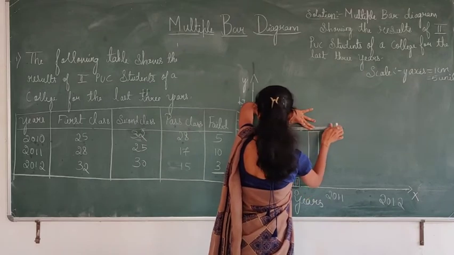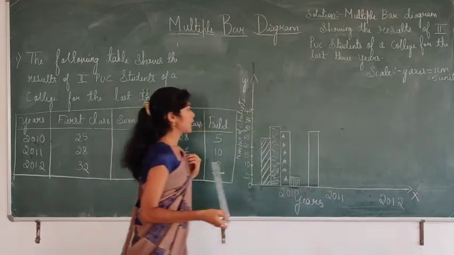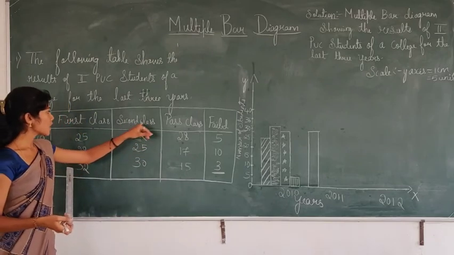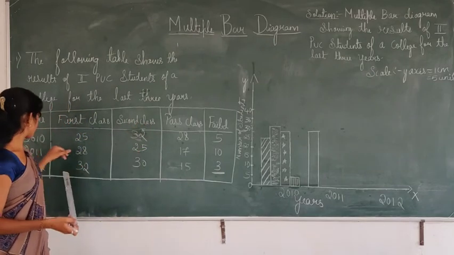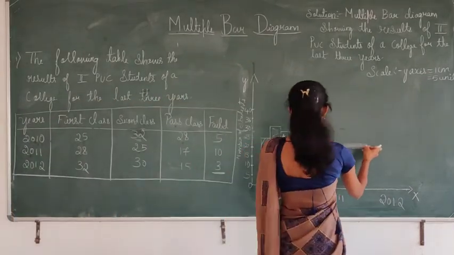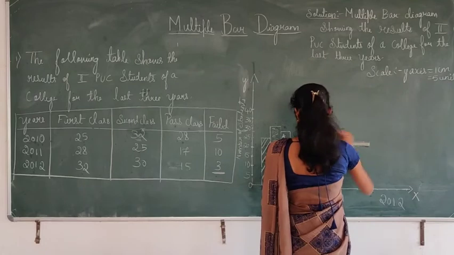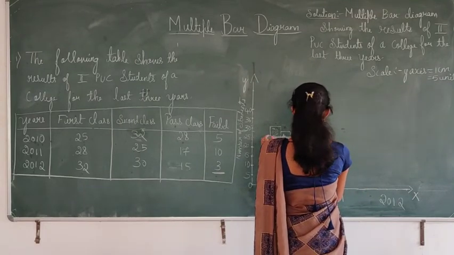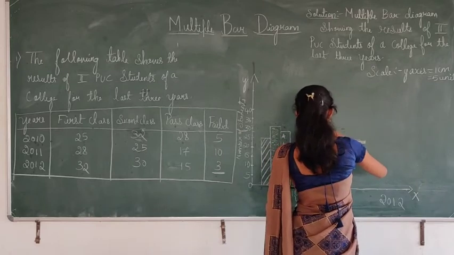Then the number of students who have secured second class for the year 2011 is 25. So 25 is here. Mark 25.